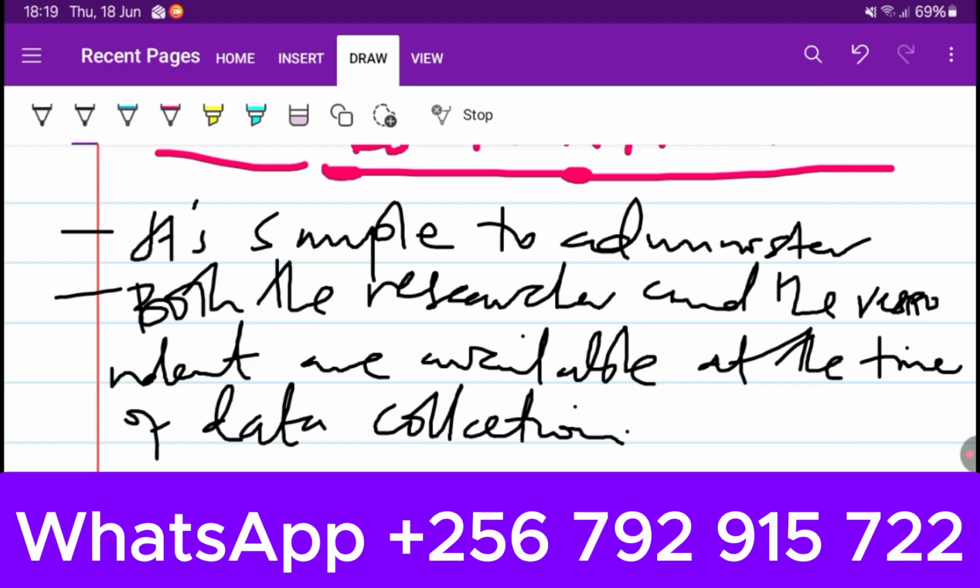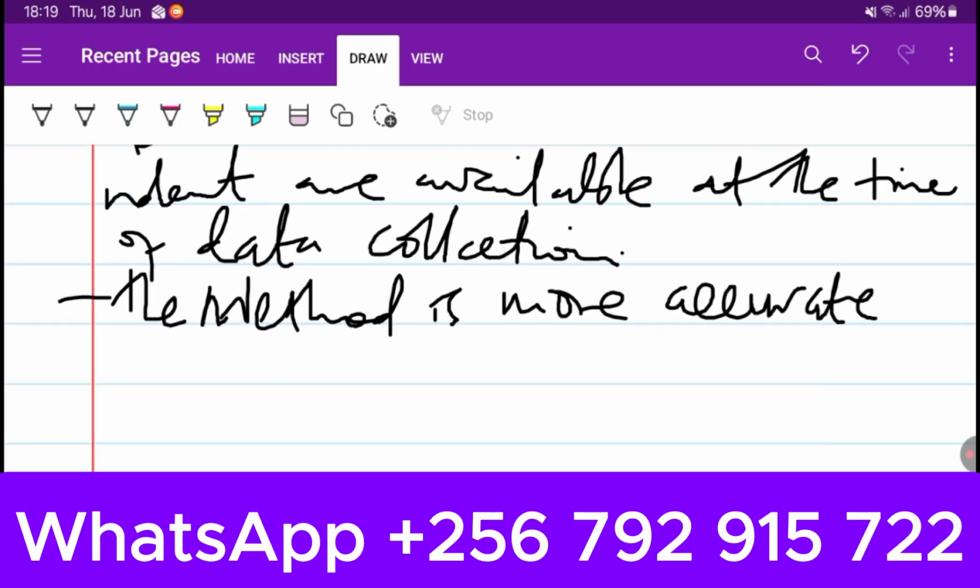Then the other one, this method is more accurate. The method is more accurate because this data is going to be collected personally by the researcher.